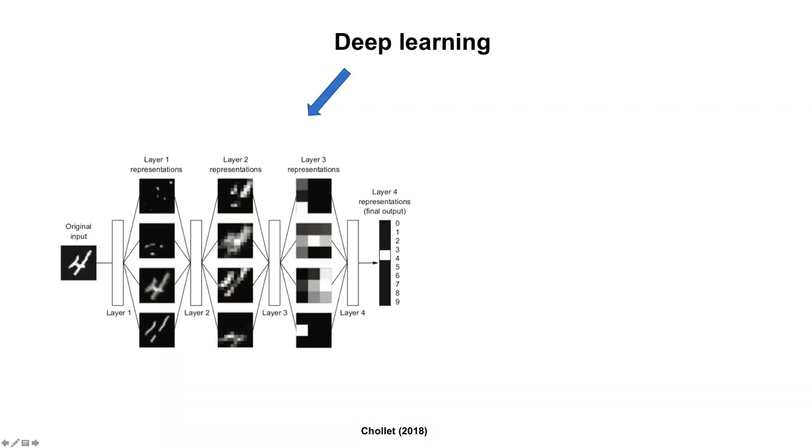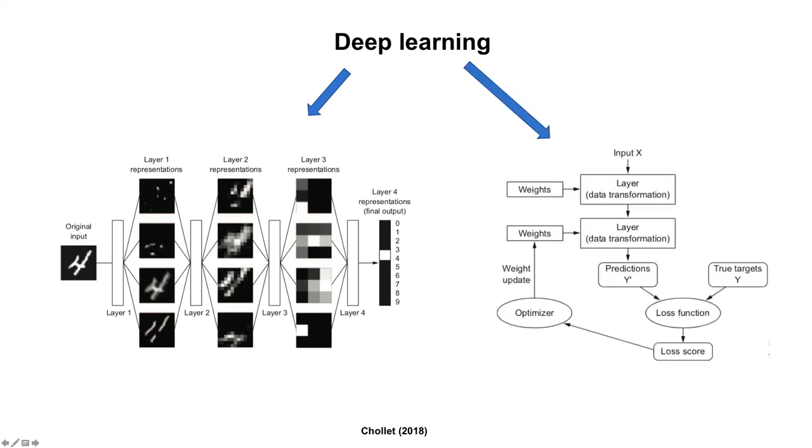You have your original input, your layers, your final output. The best explanation I've seen is a multi-stage information distillation function, where your information goes in and through these successive filters, it comes out increasingly purified. I don't like that word, but it works here. So that's the deep in deep learning.